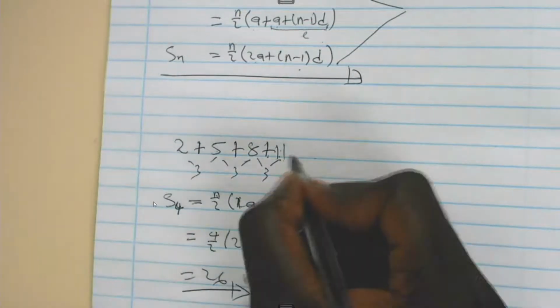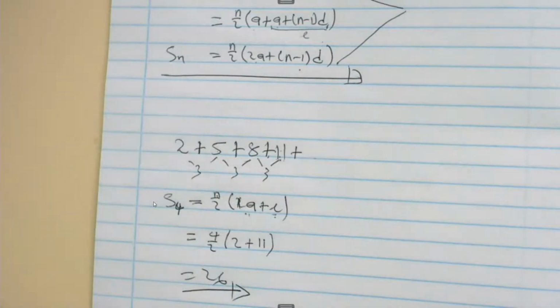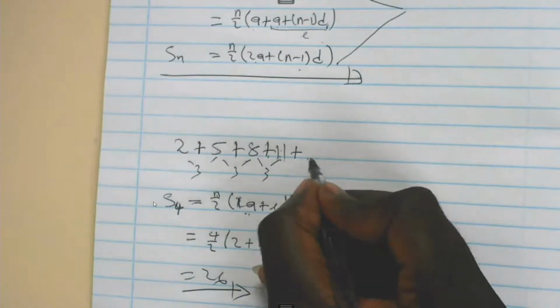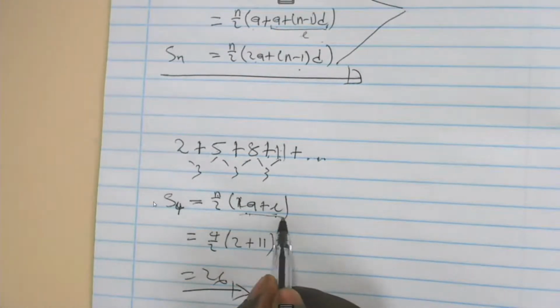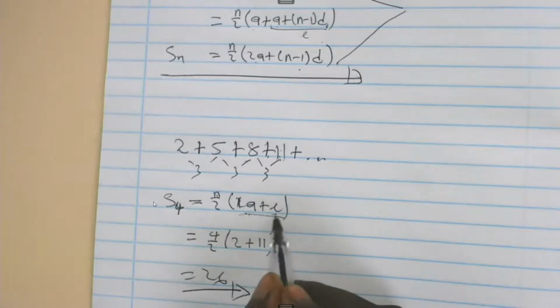But if this sequence has that plus sign and then the 3 dots, it shows that the sequence is continuing after the term 11, the 4th term. If the sequence is continuing after that, we are not going to be able to use the formula that has the last term.